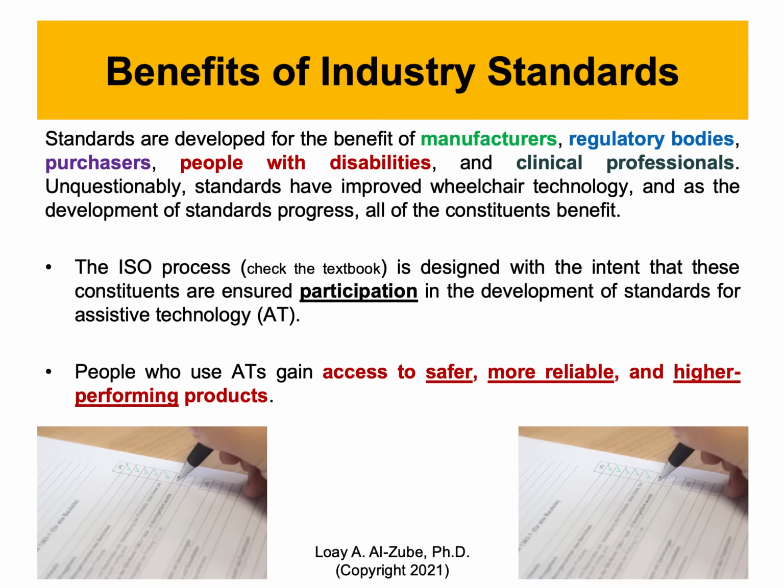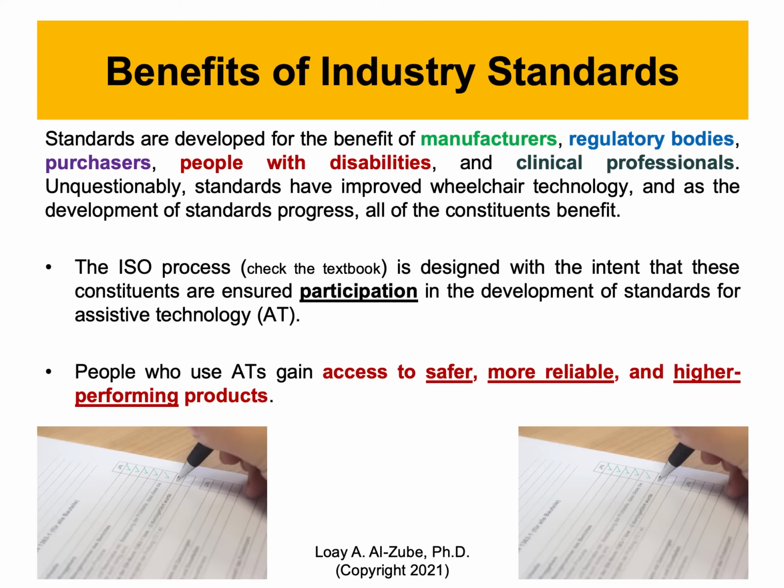Now, to be more precise, if I want to explain the benefits in more detail, I will say that the ISO process, and you can check this process in the textbook, is really a thorough process with a lot of details and information, formats and tables that you need to fill, and requirements you need to meet.